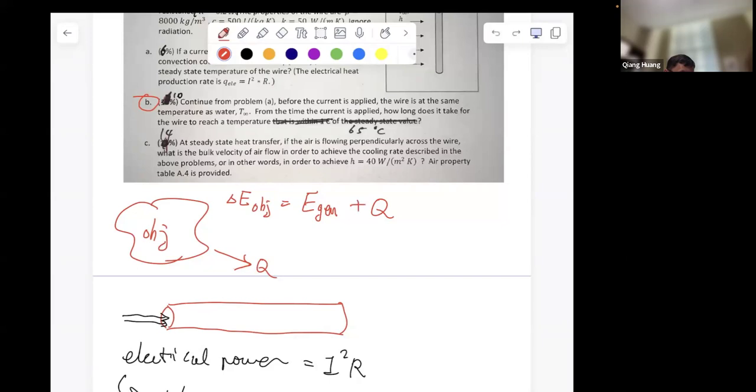In the previous definition, it was the Q going into the object, so it is plus, whichever we define.